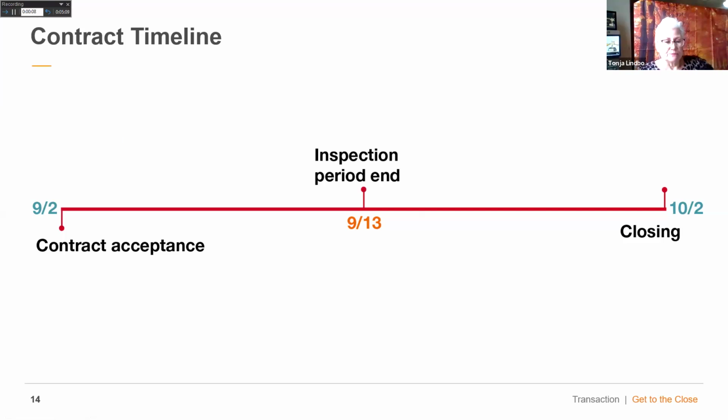And this is for the inspection period. Usually people will do an inspection within the first 2 weeks. Even though this is the end date, you would want to have your inspection somewhere in the middle in case you need to negotiate repairs. If you're negotiating repairs, you can ask the seller to get some bids, but that is a part of negotiation, and so it's an important part.